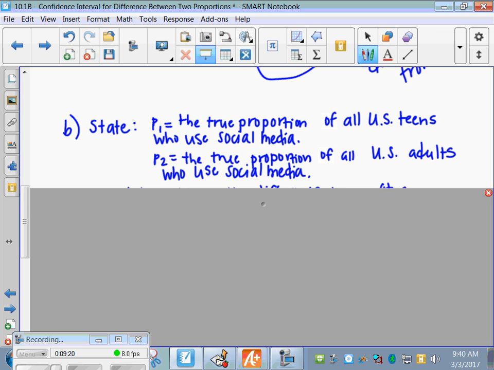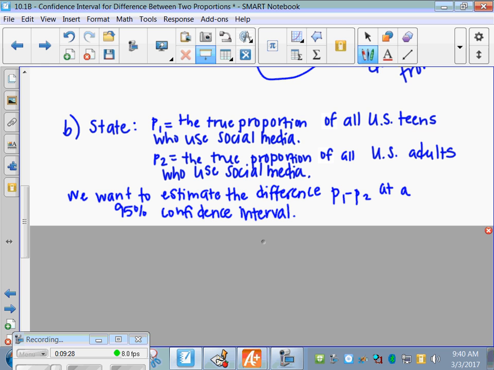So P1 is the true proportion of all U.S. teens who use social media. P2 is the true proportion of all U.S. adults who use social media. All right, and of course, before we did significance level, so now we're doing the confidence level, right? So we want to estimate the difference, P1 minus P2, at a 95% confidence interval.